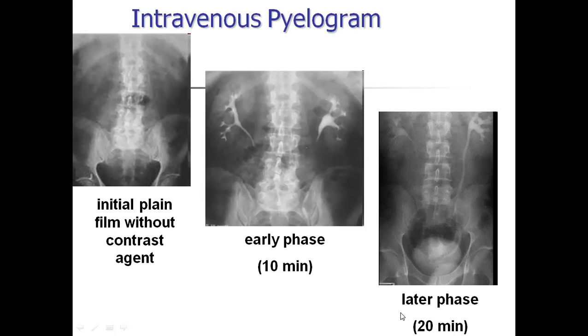In the later phase, all the collecting system may be seen and assessed: calyces, pelvises, and ureters from both sides.